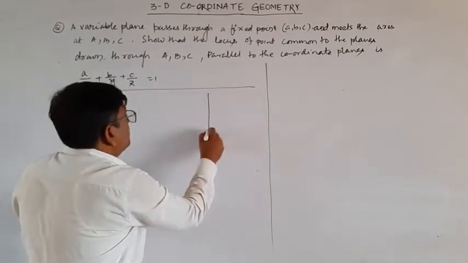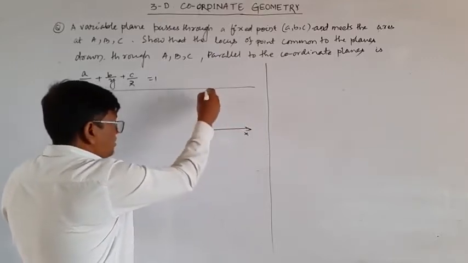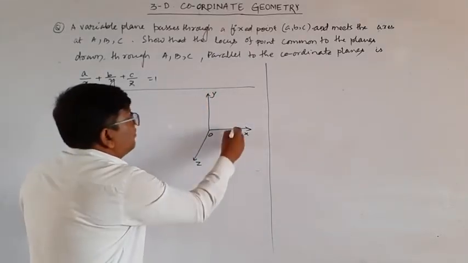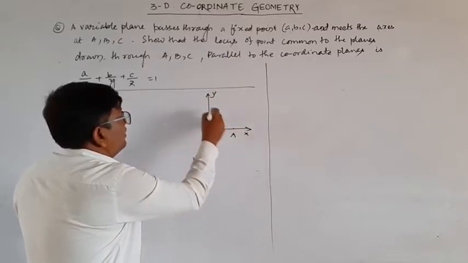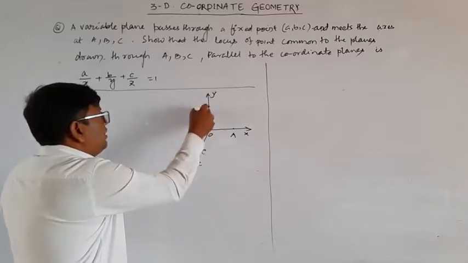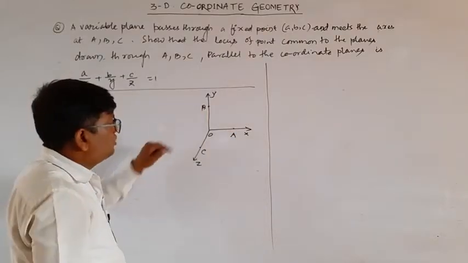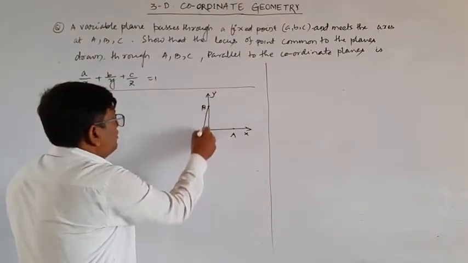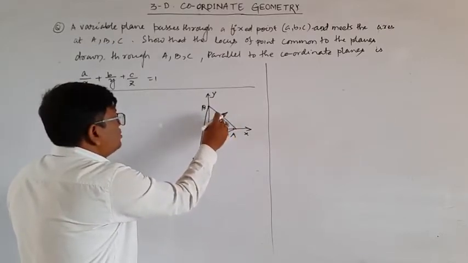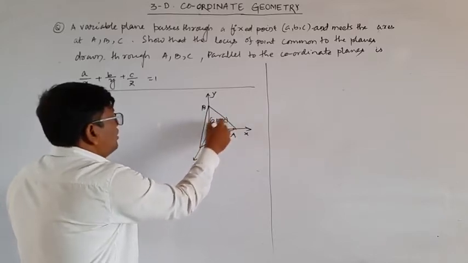suppose the coordinate system is like this. So this is the origin, this is the x axis, this is the y axis and this is the z axis. The variable plane passes through the points A, B and C on the axes, and the given point (a, b, c) lies on the plane.